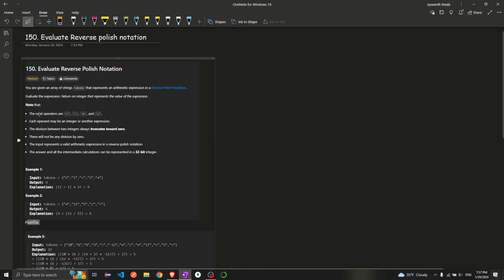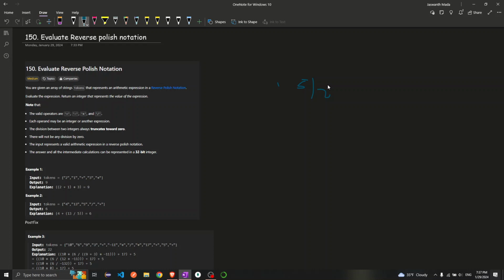Know that there will be four valid operators, which are plus, minus, multiplication and division, and each operand may be an integer or another expression. The division between two integers always truncates towards 0, meaning when you do something like 5 by 2, your answer will be 2.5, but it will be truncated towards 0, which is 2.